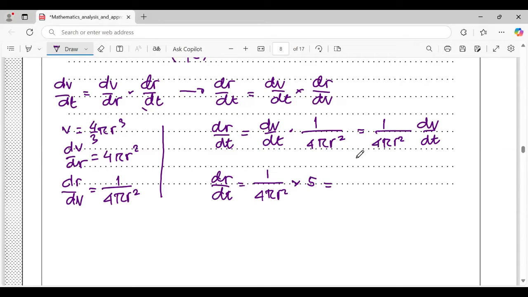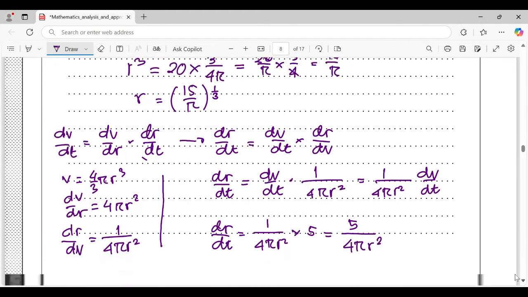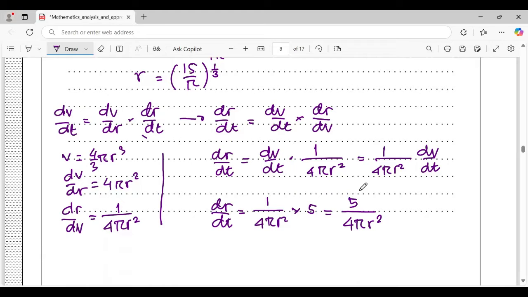Okay, so it is 5 over 4π r squared, like that. Okay, and next, we already got r, this one, (15/π) power 1/3. Substitute r into this equation.